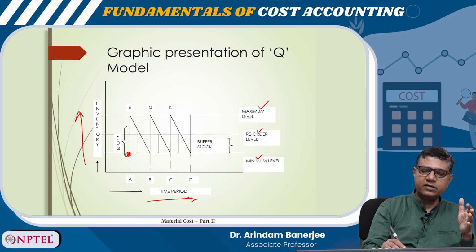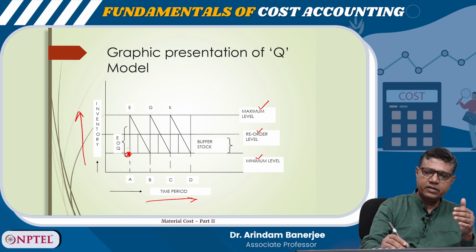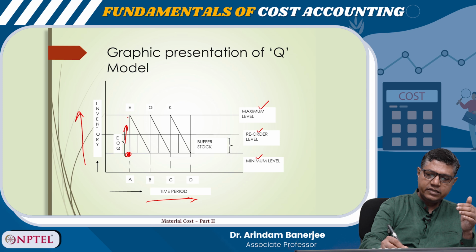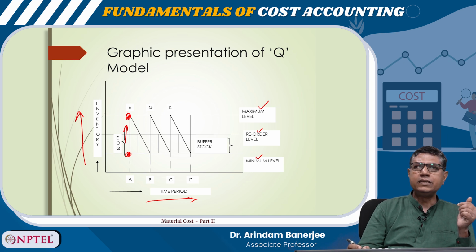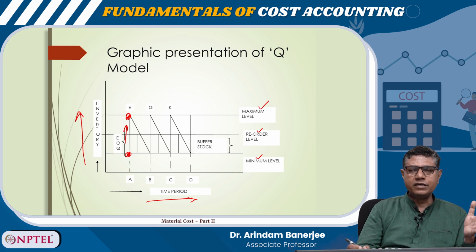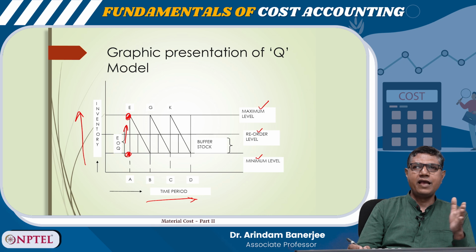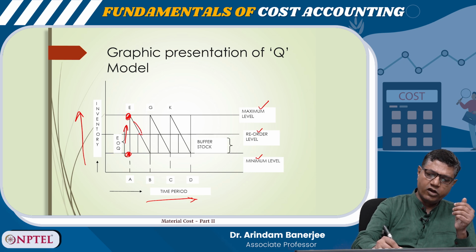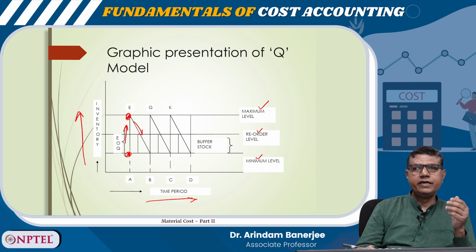Once it places the order, the EOQ, what will happen, the inventory level will go up, right. So, maximum it can reach here, right. Now, once it reaches this maximum level, then the issuance starts, gradually the material starts going to the assembly line, or the production workshop, production department and all. When it goes, the inventory level will fall.